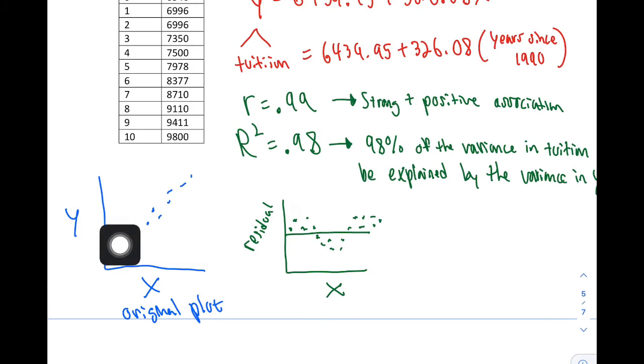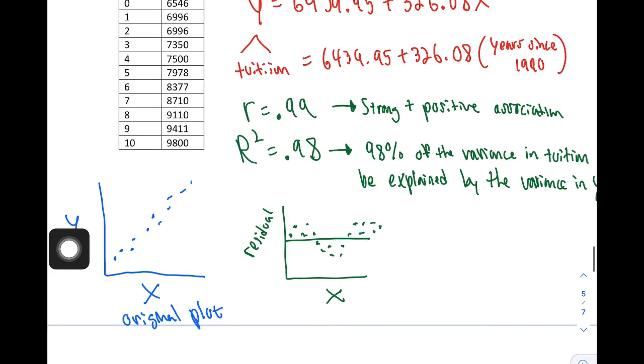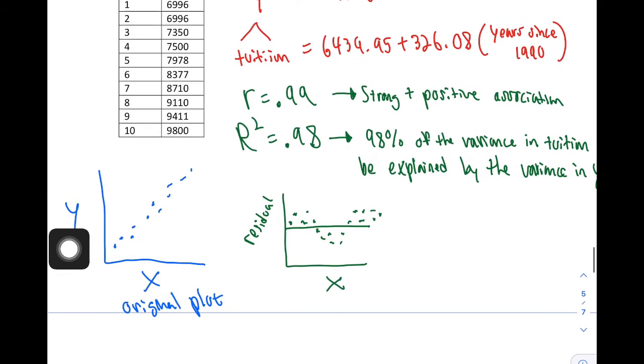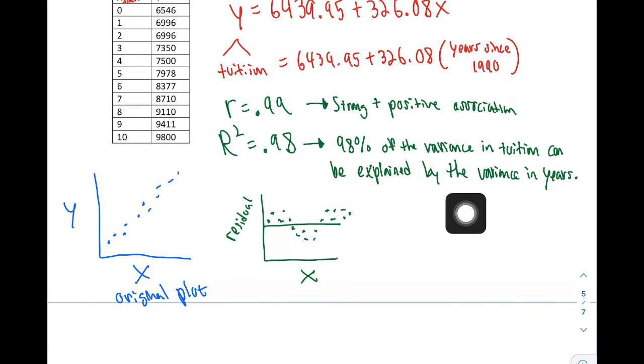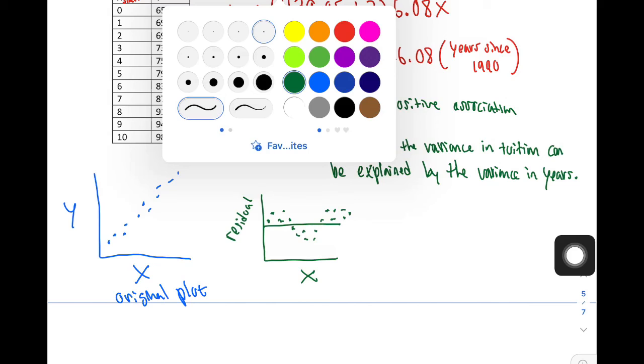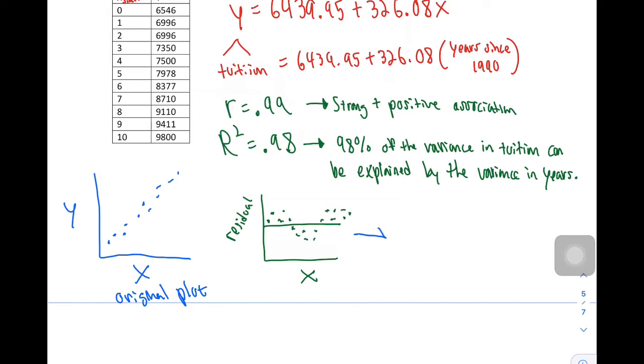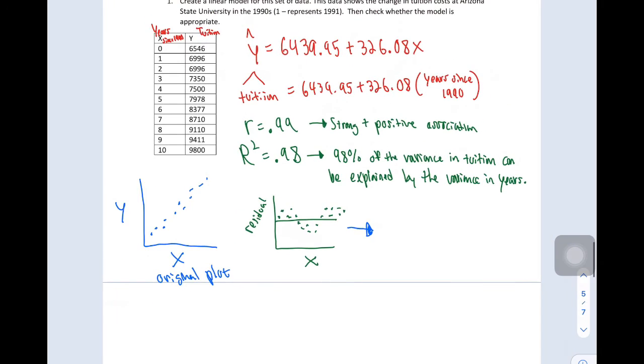And maybe it's not so obvious in the original plot, but that's why we look at the residual plot. The residual plot essentially magnifies the pattern that's happening over here. So in the residual plot, we can clearly see that there is a curved pattern to this relationship. So based on this residual plot, this linear equation that we came up with is not appropriate for this.